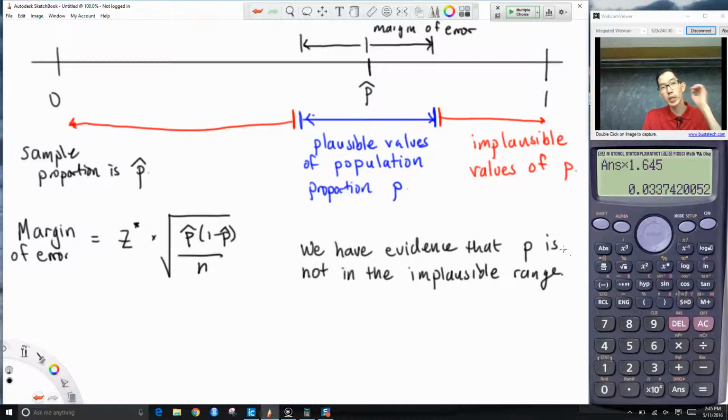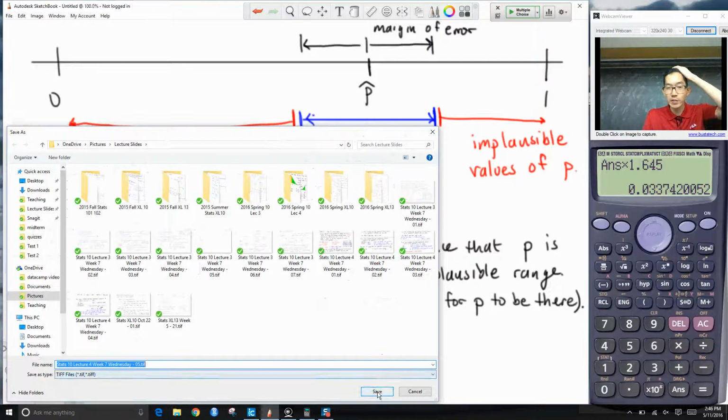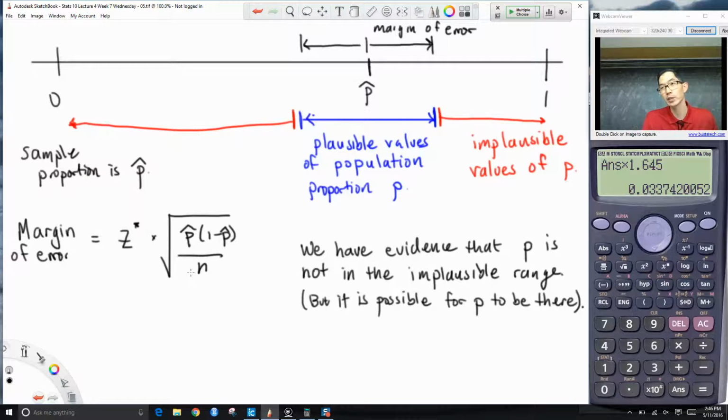But it is still possible for P to be there. Technically all of these values are possible values, but some of them are plausible and some are implausible, okay?